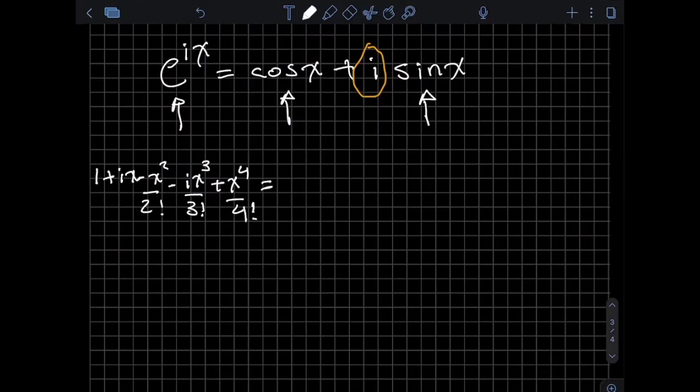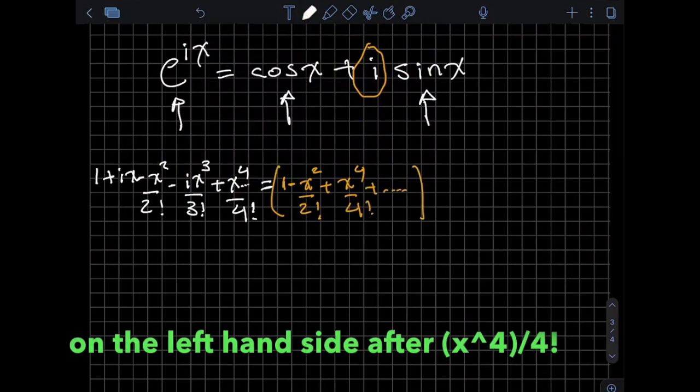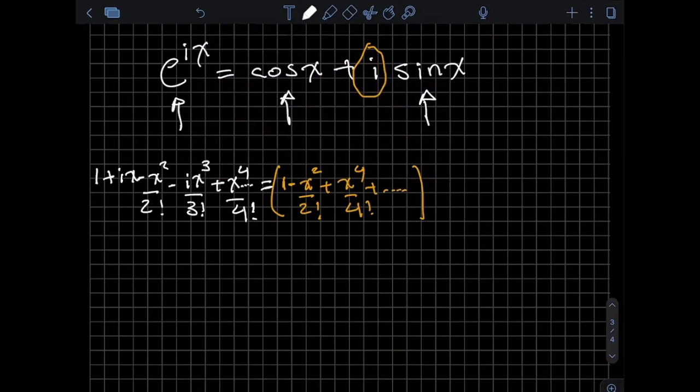Now for clarity, I'm going to put cosine x and sine x with 2 different colors. So for cos x, we have 1 minus x squared over 2 factorial plus x to the power of 4 over 4 factorial plus, and so on. Keep in mind that there is a continuation in here.